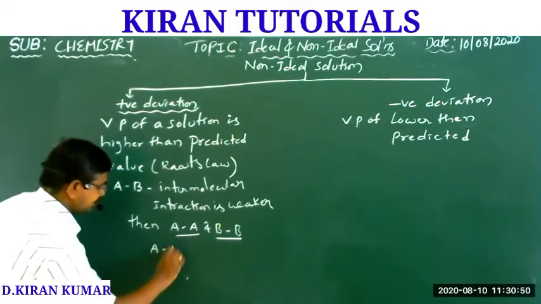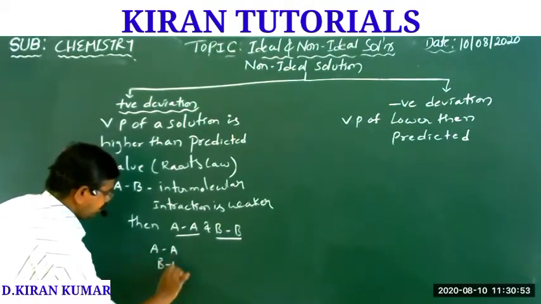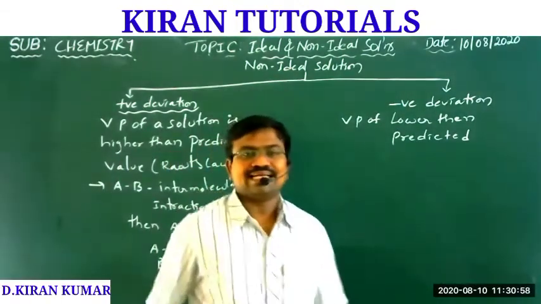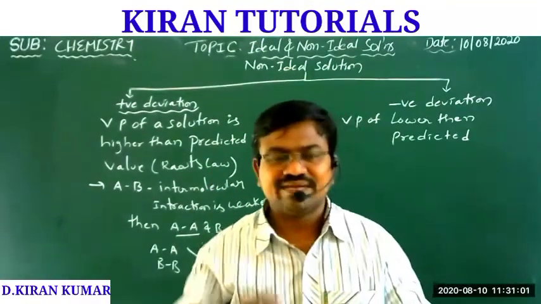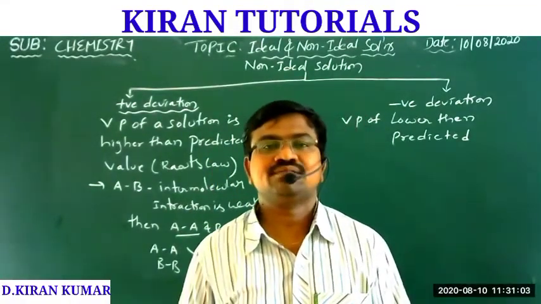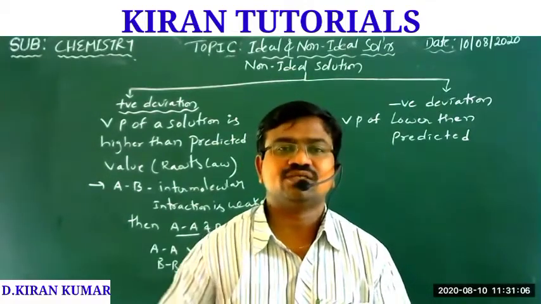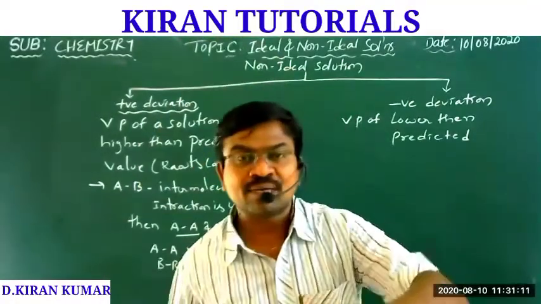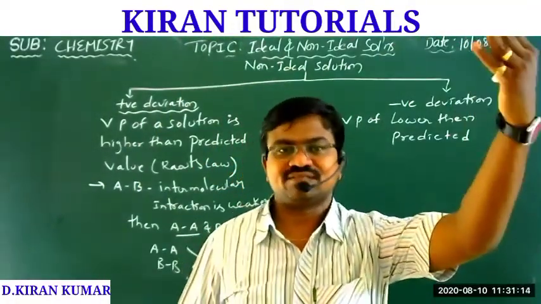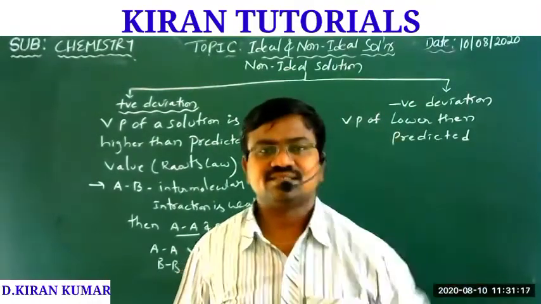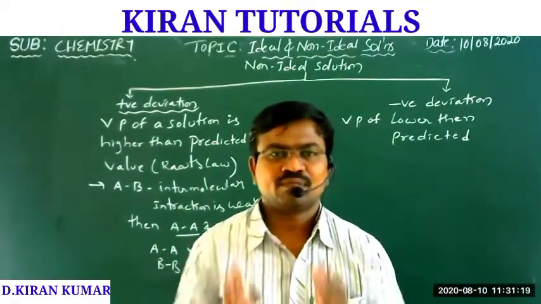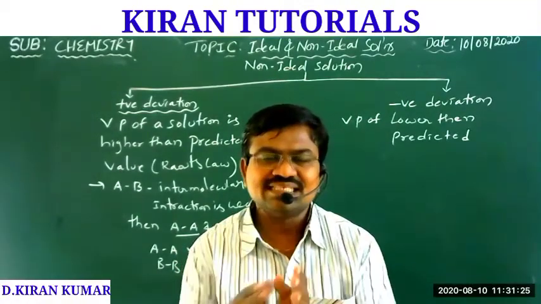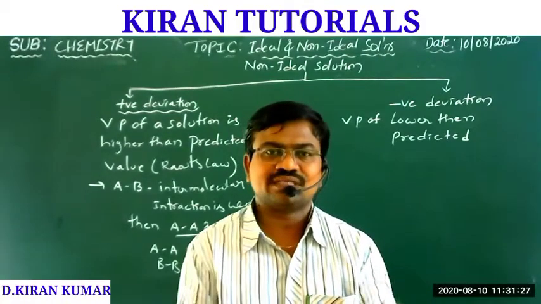Means the A-B interaction is less than A-A. The intermolecular forces are very weak between A and B. So what happens is that more molecules easily convert into vapor. If more easily convert into vapor, then more molecules are present on the surface, so pressure increases. Due to weak interaction, bonds break easily and molecules are converted into vapor.